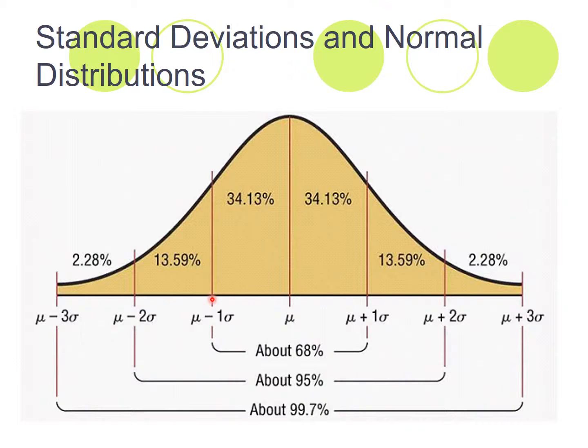Okay, 68% of the data falls here, and we said within 2 standard deviations that way, or 2 standard deviations that way, we have 95% of the data. And out here in the tail, 3 standard deviations, 1, 2, 3 that way, or 1, 2, 3 standard deviations, about 99.7% of the data falls into that area.